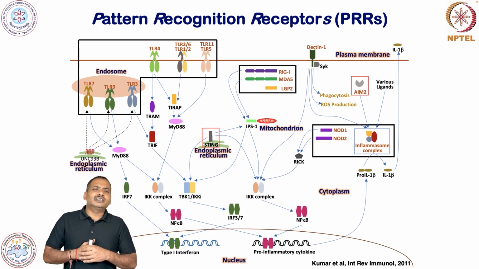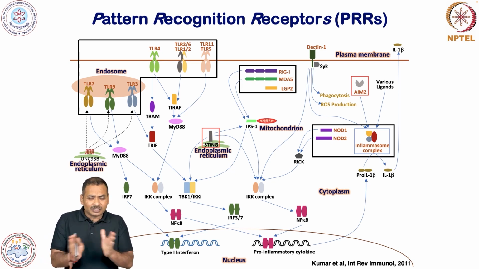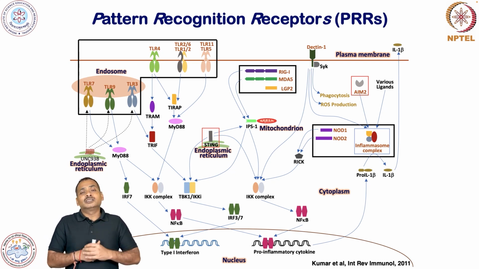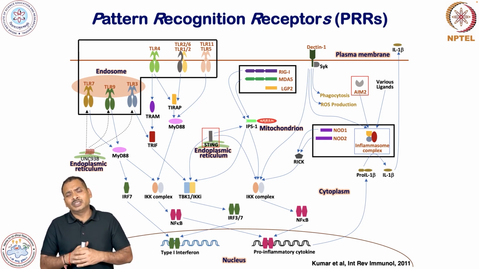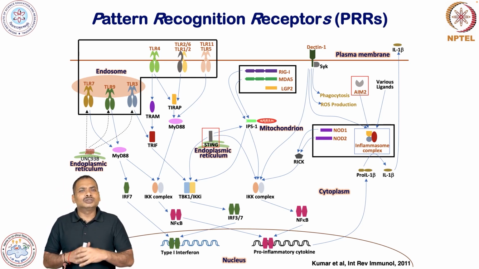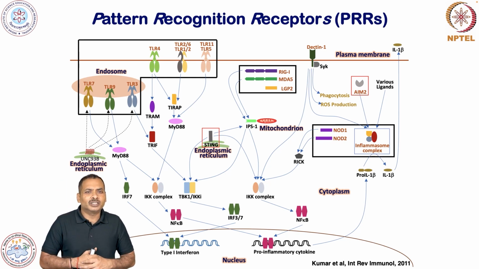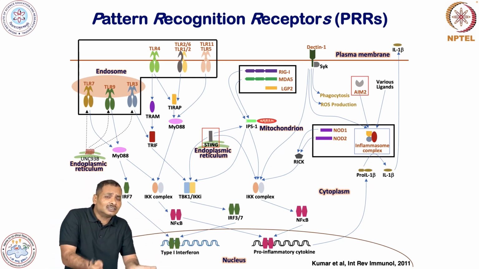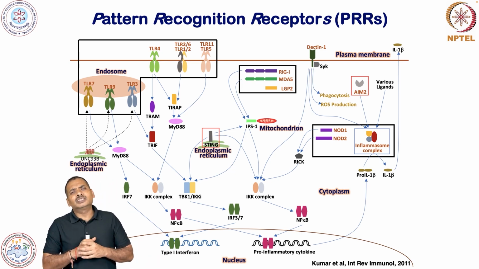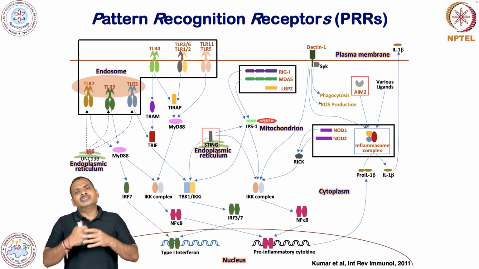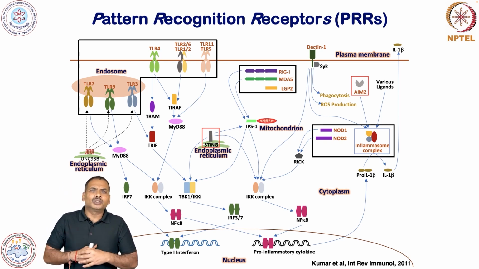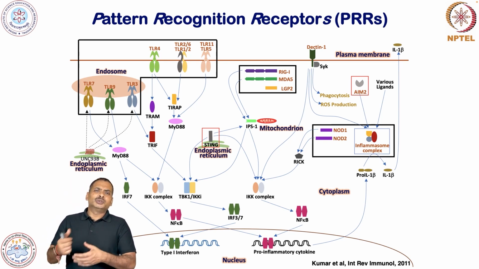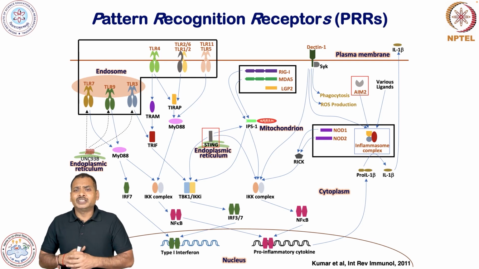Another is the NOD-like receptor. There are two major categories of NOD-like receptor. One category is made of NOD1 and NOD2. They basically sense bacterial signature molecules, such as some component of peptide or glycan, and there is another group of sensors which oligomerize and then make a multi-protein complex, and then they will induce IL-1 family cytokines.